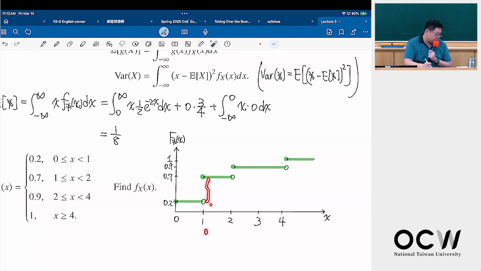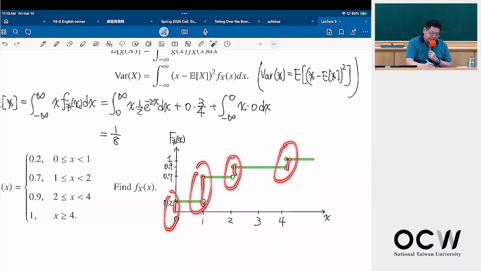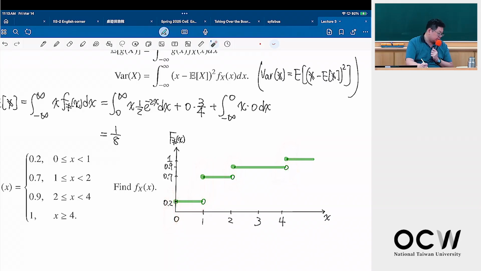Once I have a gap, then I have a probability at that specific point. Otherwise, the probability of a specific point should be 0 because it's continuous. But if I have a discontinuity, then I should have a PDF at these 4 points. So we can mark that this is a gap, gap, gap, and gap.